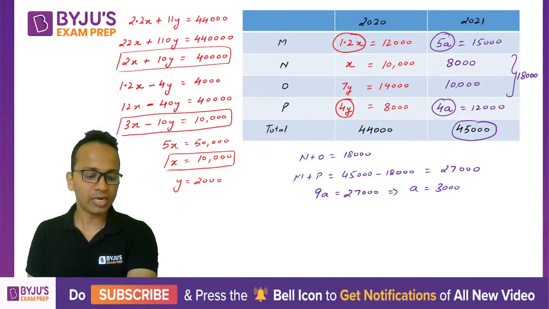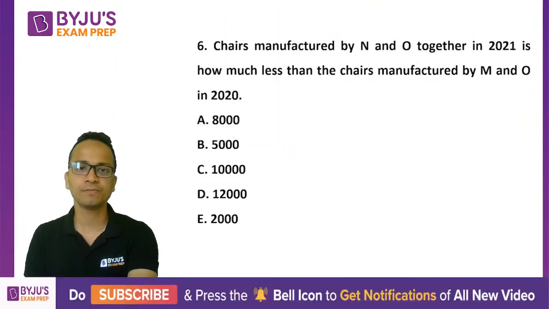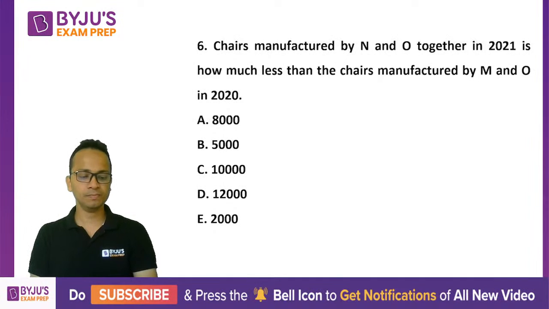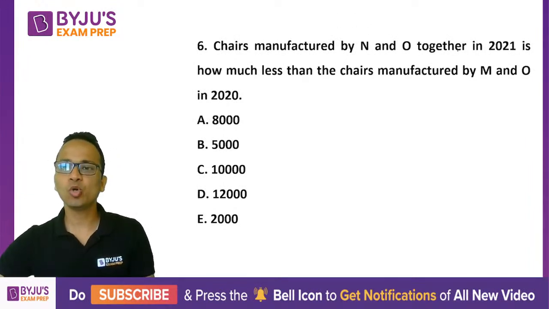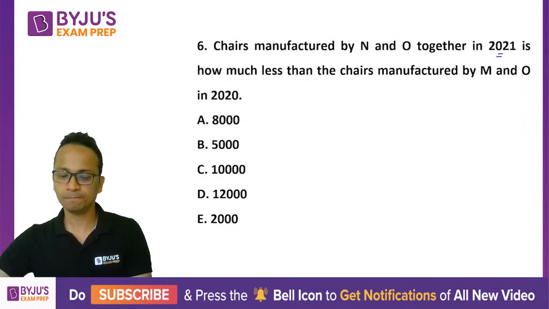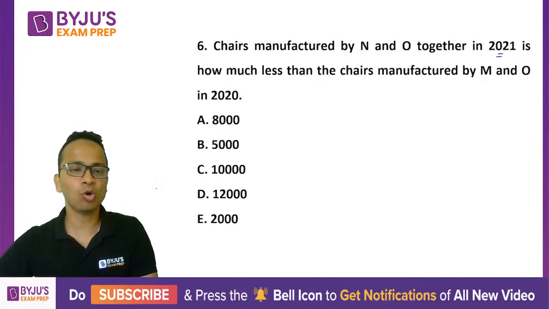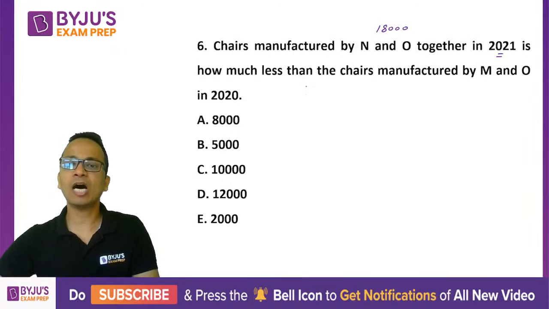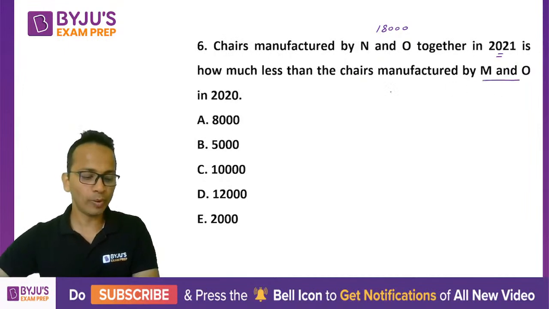So question number 1, all of you focus and respond. Chairs manufactured by N and O together in 2021. So N and O together in 2021, I can say that the value was 18,000. Is how much less than the chairs manufactured by M and O in 2020.